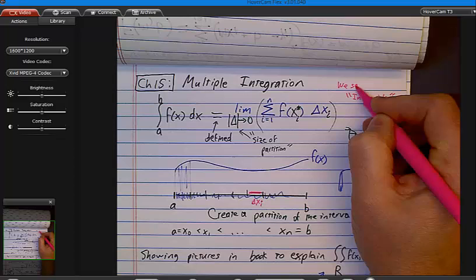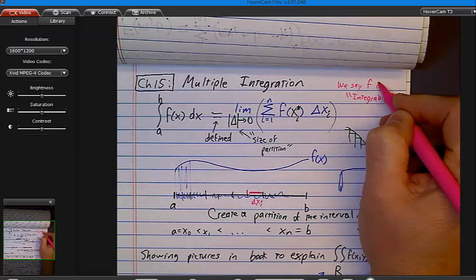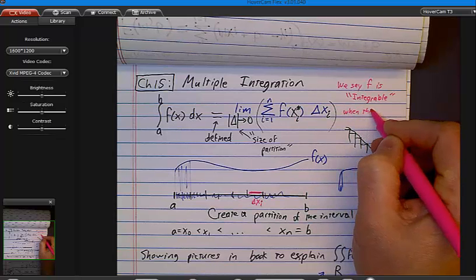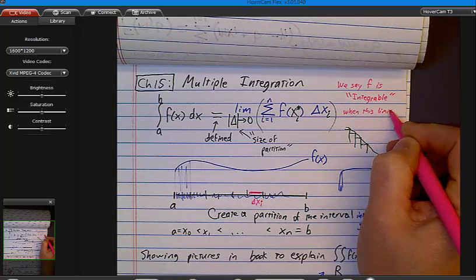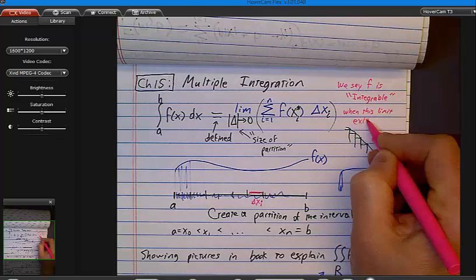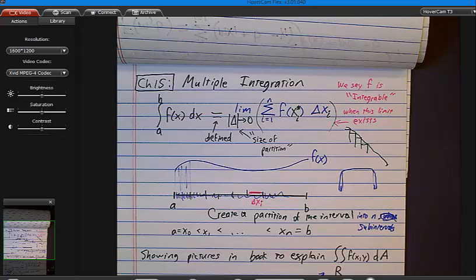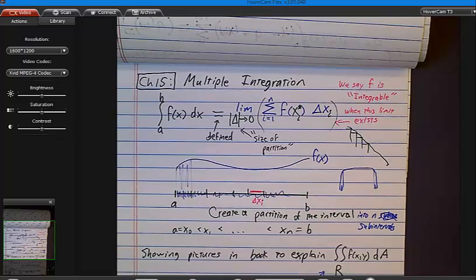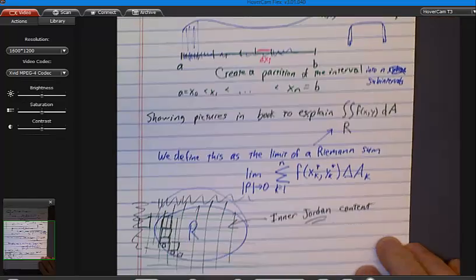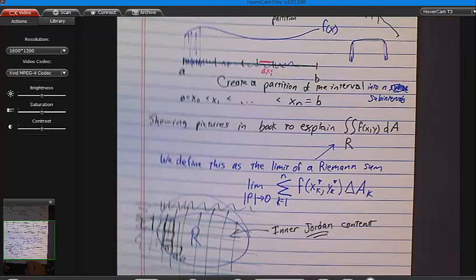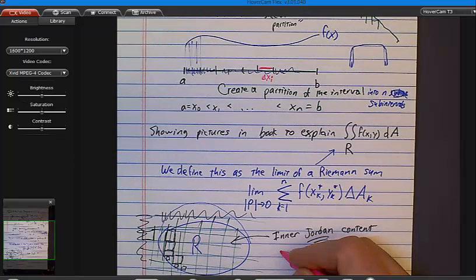We say f is integrable when this limit, you know what I'm about to write? Exists. That's right. Because we know that sometimes limits don't exist. Okay? This integral that we're defining, whether it's one-dimensional or two-dimensional, as the limit of a Riemann sum, is called a Riemann integral.